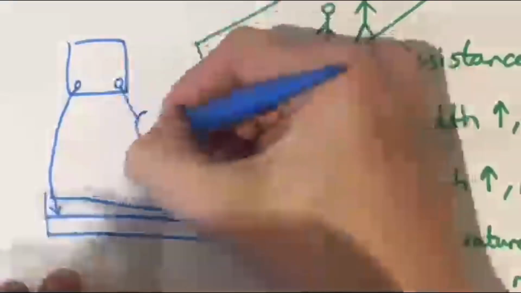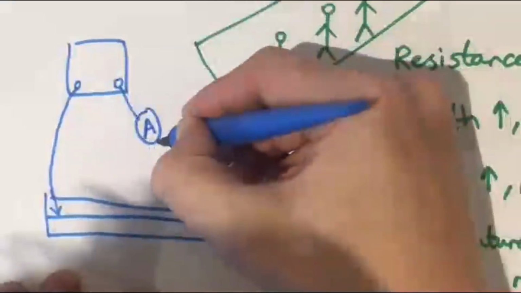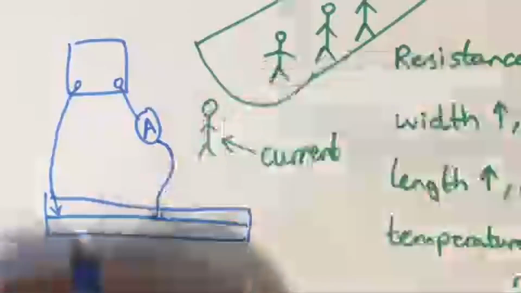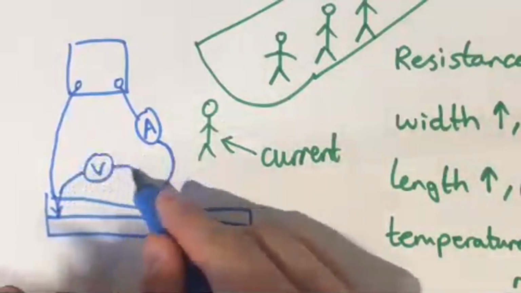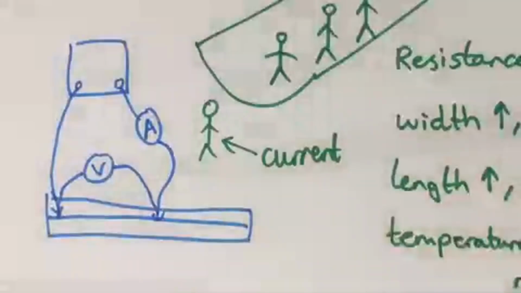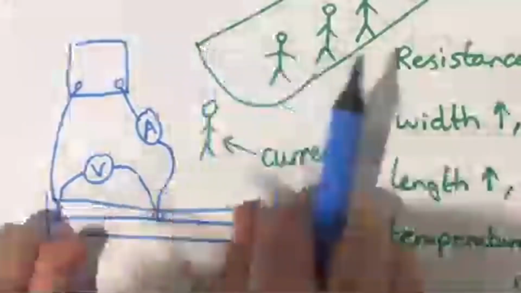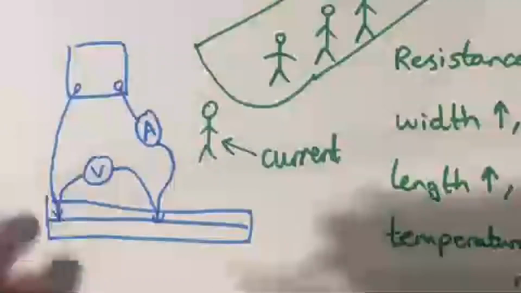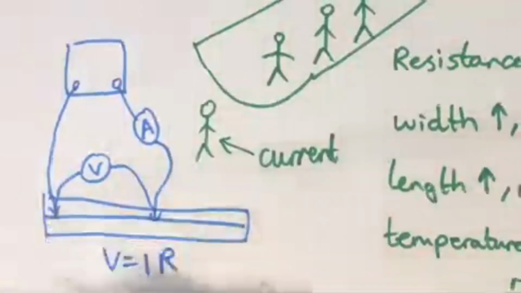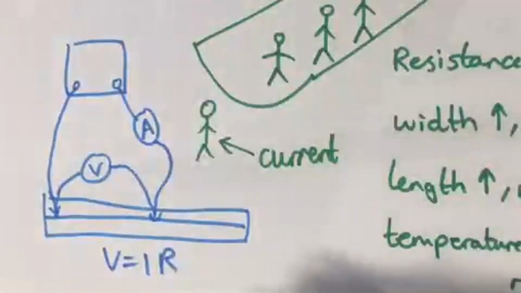This went to an ammeter, attached to another point, and then attached to those wires, you put the voltmeter. Then you adjusted where it was, and looked at V equals IR, and that can calculate resistance.